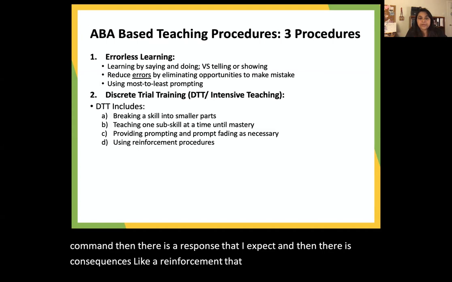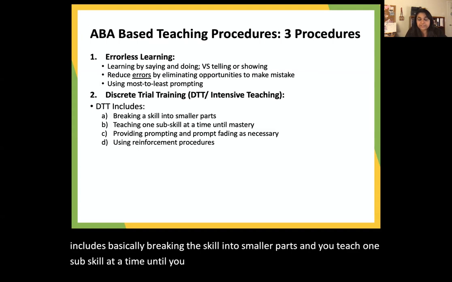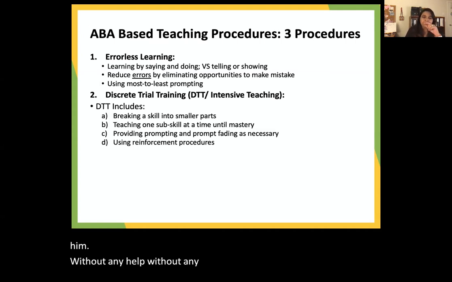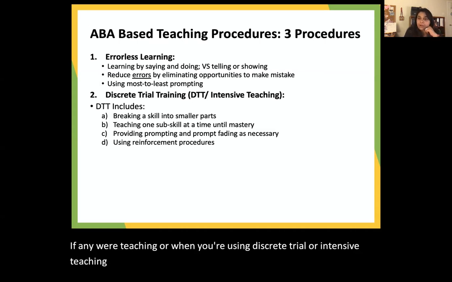So a discrete trial includes breaking the skill into smaller parts, and you teach one sub skill at a time until you reach mastery criteria, which means the child can now independently complete the skill that you have shown him without any help, without any prompt. When you are using discrete trial or intensive teaching, you are providing the prompts and prompt fading only as necessary, and you use reinforcement procedures.